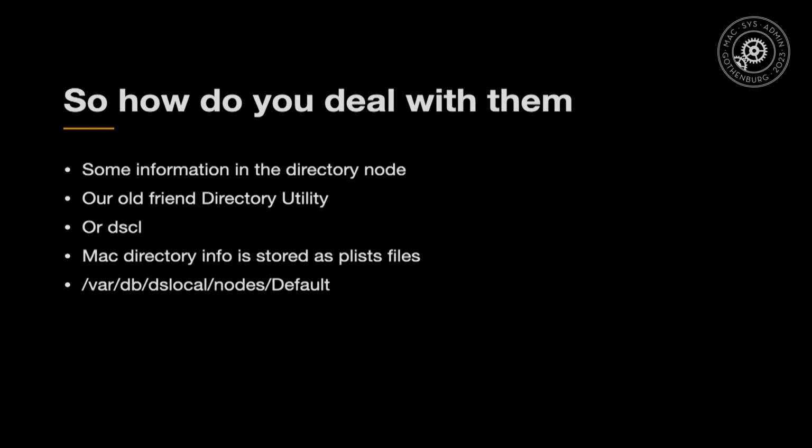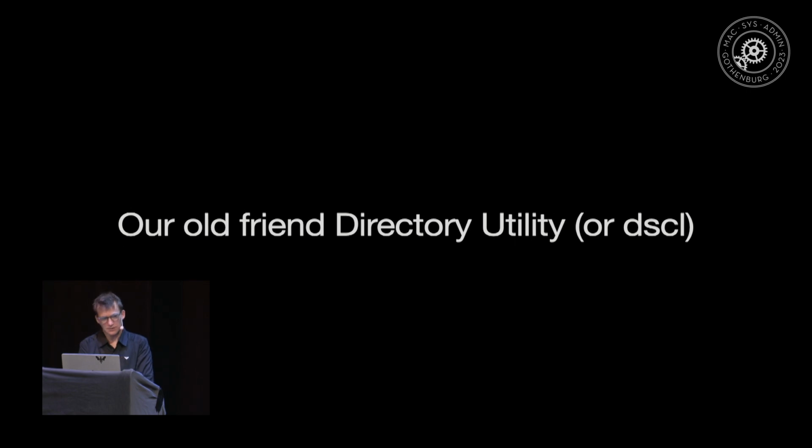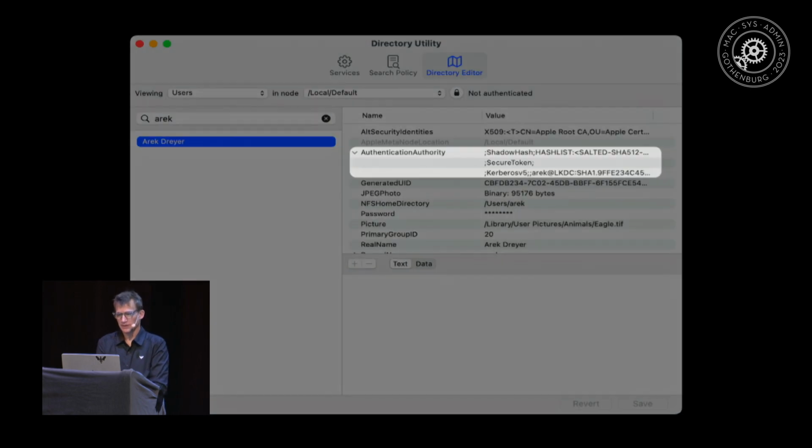They're stored in /var/db/dslocal/nodes/Default, down the line. So let's take a look at trying to figure out what's in that magic key bag using Directory Utility. So I've got Directory Utility for a user on my Mac. It's got an attribute called AuthenticationAuthority, and there's a tag there called SecureToken.